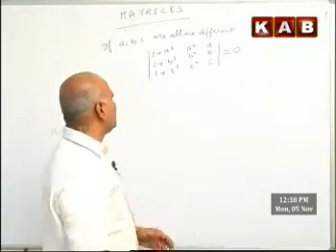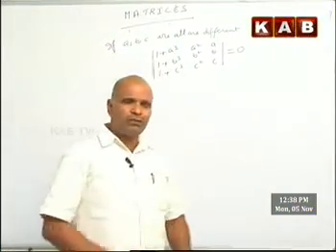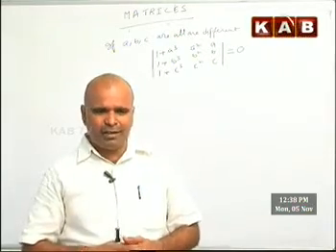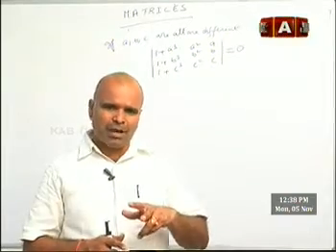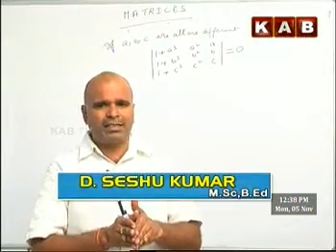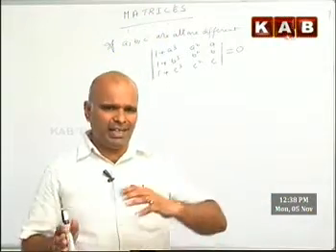Now I am going to solve this. Here you are given that one determinant is equal to 0. So first, in determinants, there is one property: if every element in a row can be written as the sum of two elements, then the determinant can be written as the sum of two determinants of the same order.